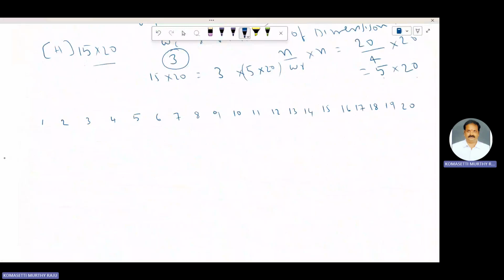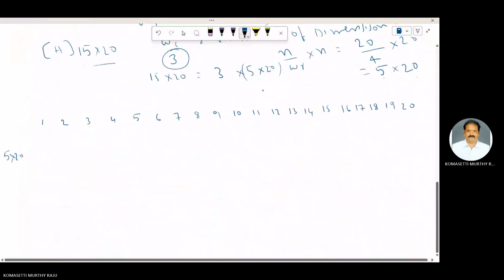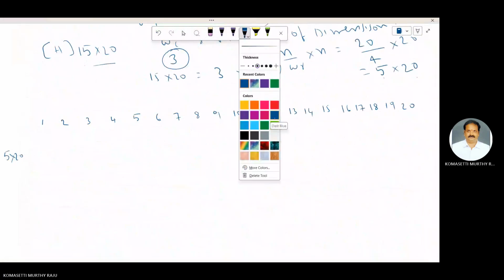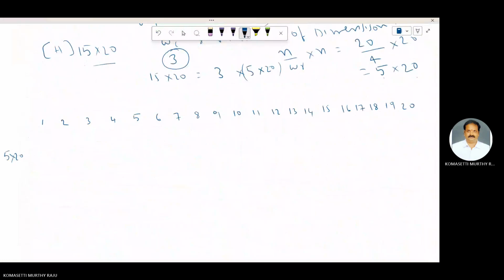The first submatrix is of size 5 cross 20. That means 5 rows: 1, 2, 3, 4, and 5. The first submatrix is framed. How to frame this submatrix is very, very important. Of size 5 cross 20.